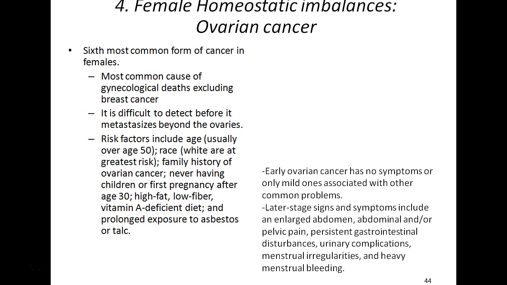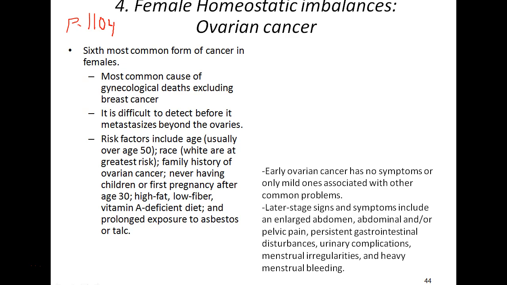Another type of homeostatic imbalance in the human body is ovarian cancer. Students can read about this on page 1104. And this is going to be the 6th most common form of cancer in a female. The textbook says 5th most common female cancer.